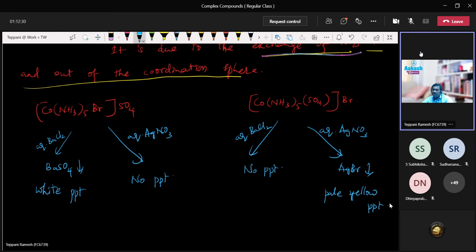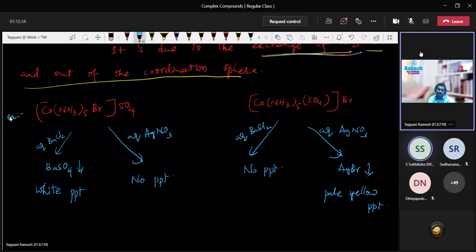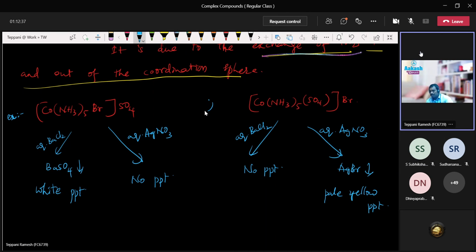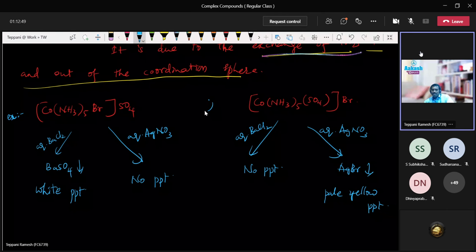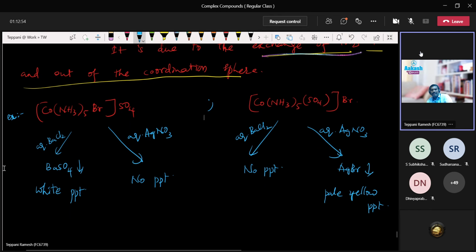Means the property is different or not? Yes, sir, different. So these two appear superficially the same: one cobalt, 5 ammonia, one bromine, one sulfate. But the basic structure is different. Properties are different. Means these are different compounds with the same molecular formula.